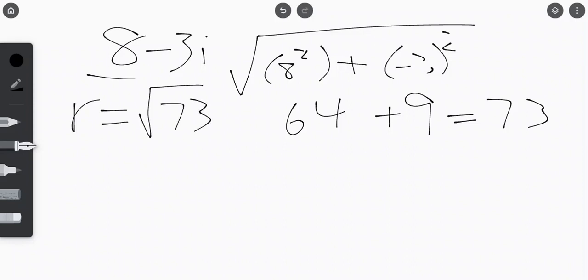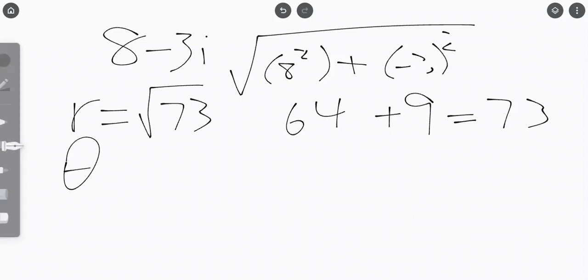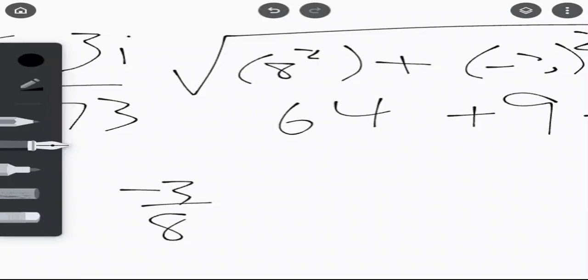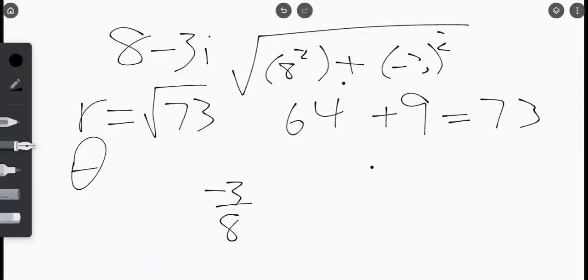Next, we need to find the angle theta. Theta is equal to the inverse tangent of b over a, so negative 3 over 8. The inverse tangent of negative 3/8 is negative 20.56 degrees.